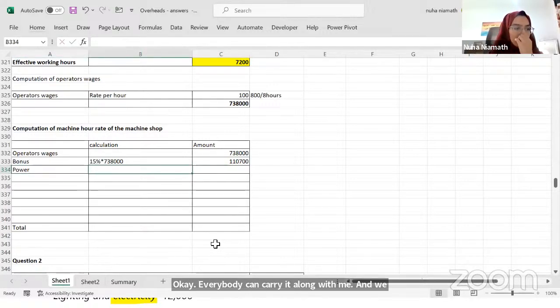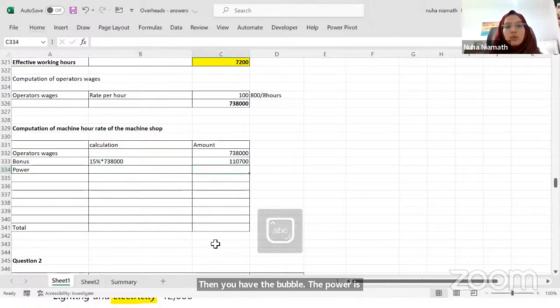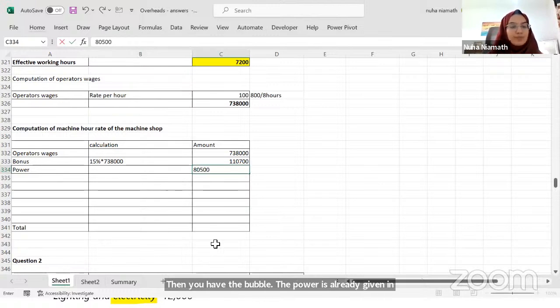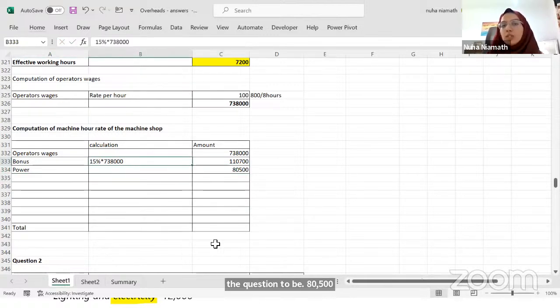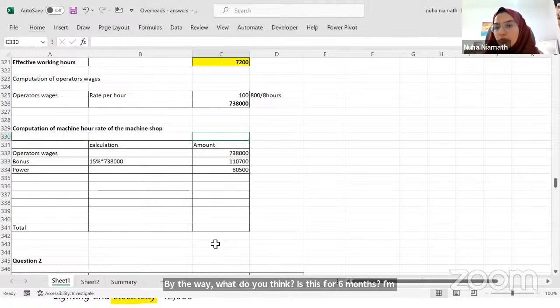Then we have the power. The power is already given in the question to be 80,500. By the way, what do you think? Is this for 6 months I'm calculating or for a year? Can somebody tell me in the chat box?